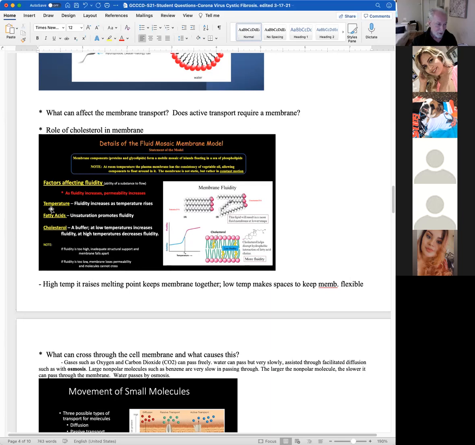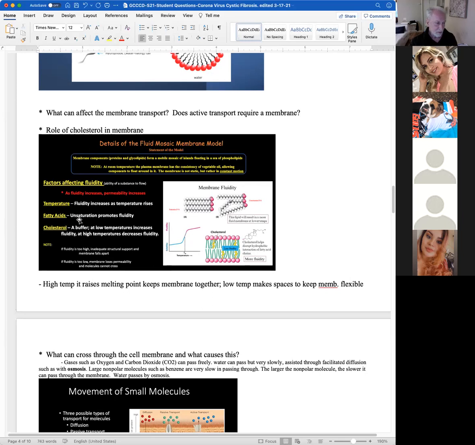So a main factor is temperature. As temperature rises and falls, fluidity rises and falls, and the speed of the movement of objects across the membrane rises and falls with temperature.